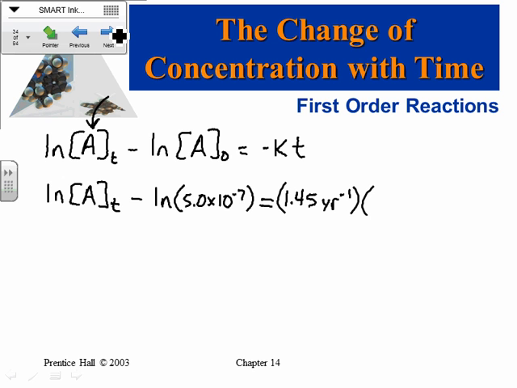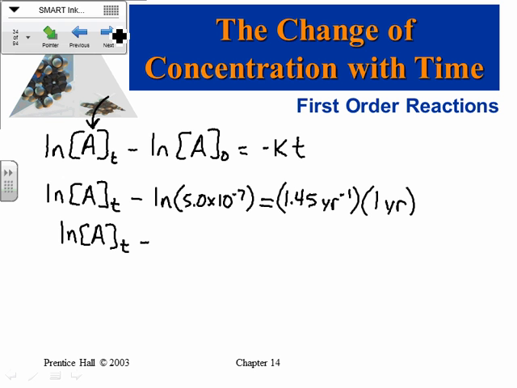And then what's our t? What's our time here? Now again, it's important that our time units are the same as our k. Since this is in years, then we need our time to be in years. And it's exactly 1 year that is the time period they're asking us for here. So we plug all that in, we end up with the natural log of A at time t, minus, and you guys know how to use the log buttons on your calculator, right? And natural log buttons. I assume that you were in a high enough math for that.